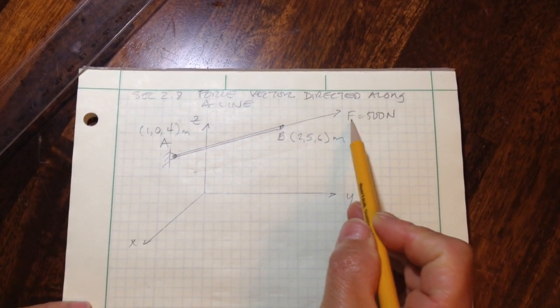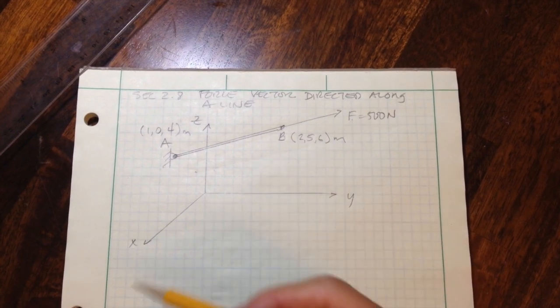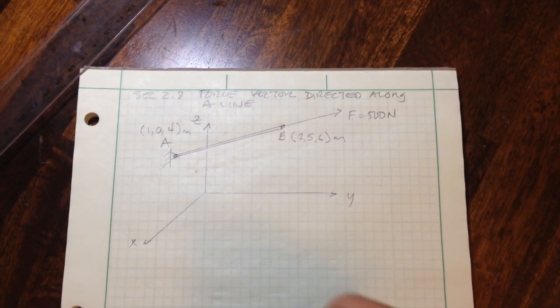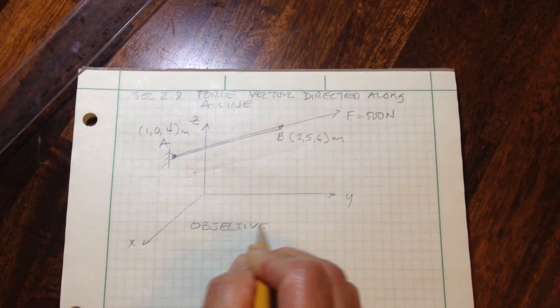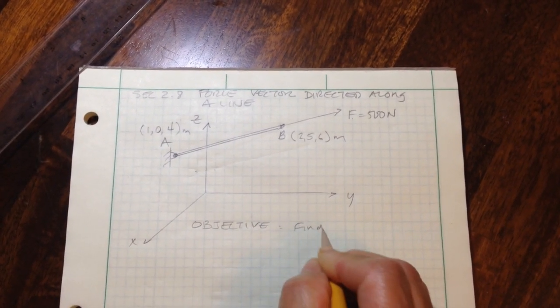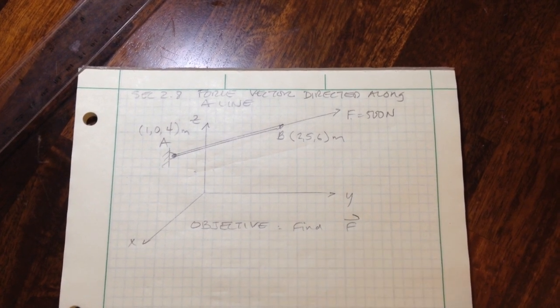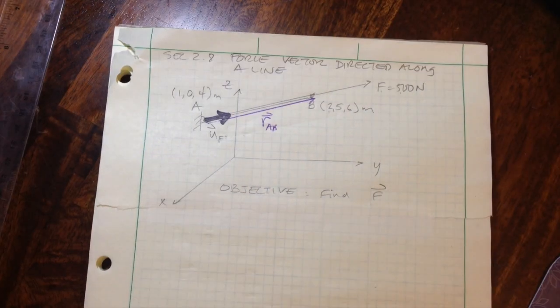I want to be able to express this force vector in Cartesian vector notation. So how do we go about doing that? The objective is to find the Cartesian vector notation for that force F.